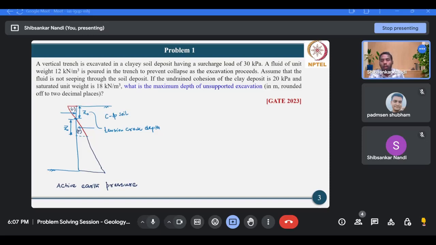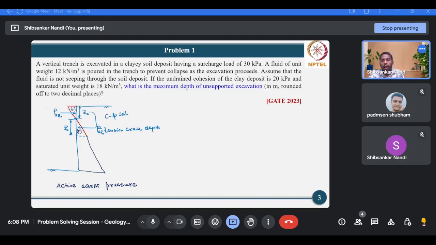Now, if you calculate this resultant, obviously for this Z0 region only, not beyond that, suppose this is your resultant pressure PA Z0, and this will be also your PA Z0. So the magnitudes of both the resultant forces will be equal, and since they are acting in the opposite direction, one will cancel out the other.